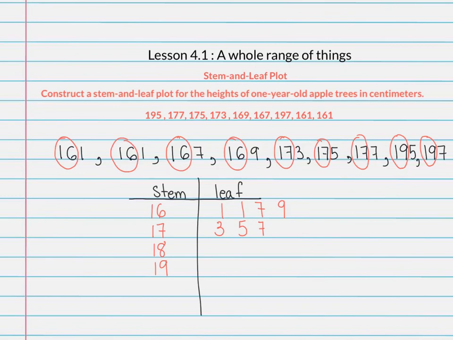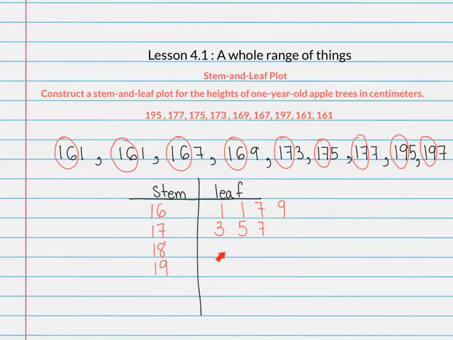Then we move to 195. If you notice over here, we already listed the 18 part of the stems, but we don't have any data that has a stem of 18. Even if we don't have any data that has a stem of 18, we have to list the stems in order. We leave it empty. We do not put a 0 for the leaf.